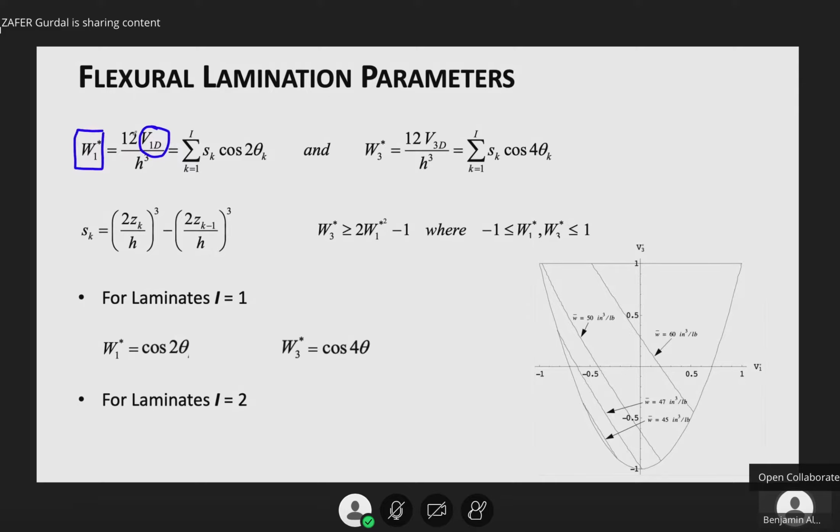V1 star will be 12 over H cubed times V1D, and V3 star is 12 over H cubed V3D. And if you put the V1D in its place, we come up with a term that will be summation K from 1 to I, where these are the distinct ply orientation angles, but this time there is no such thing as location independent.